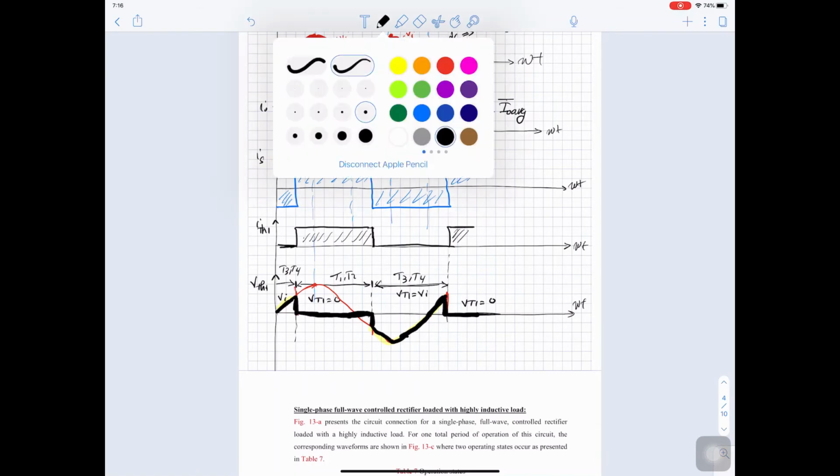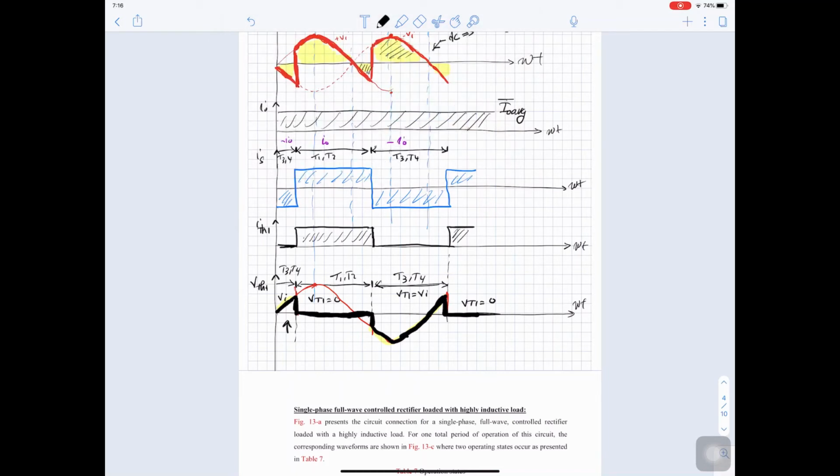As you can see, there are very important notes here. Here the thyristor is forward, before it turns on. And here the thyristor is reverse when it turns off. And then again, the thyristor is forward before it turns on.